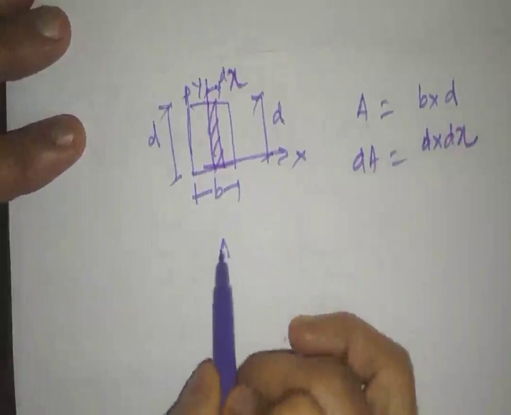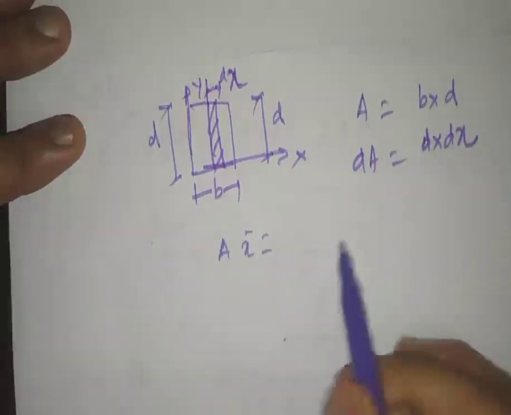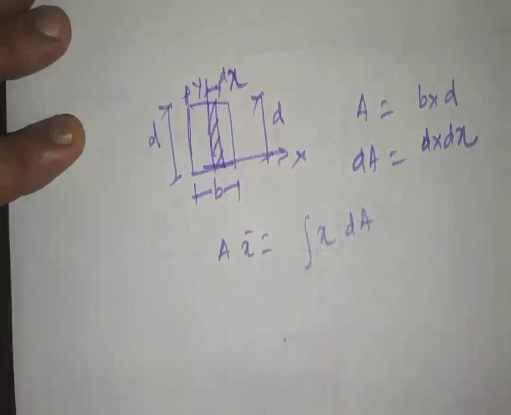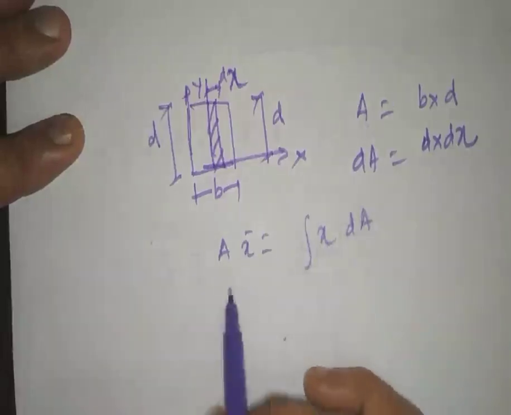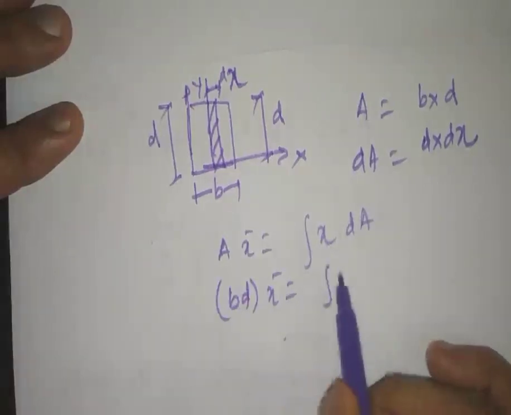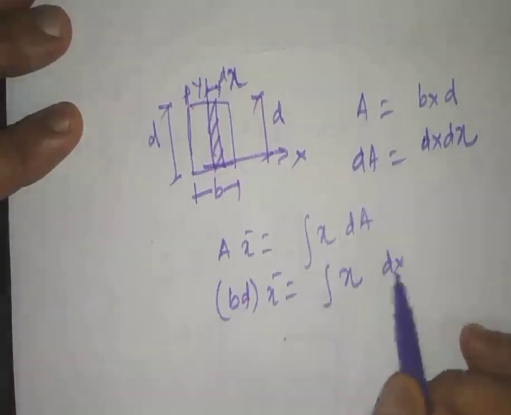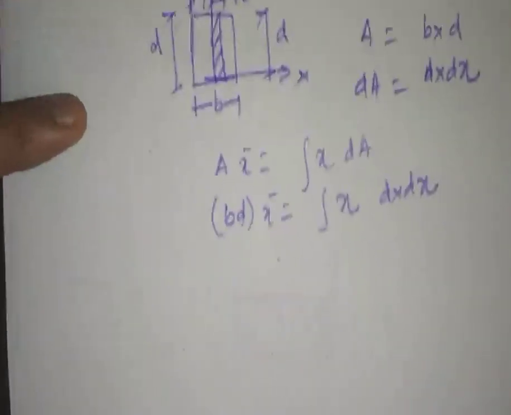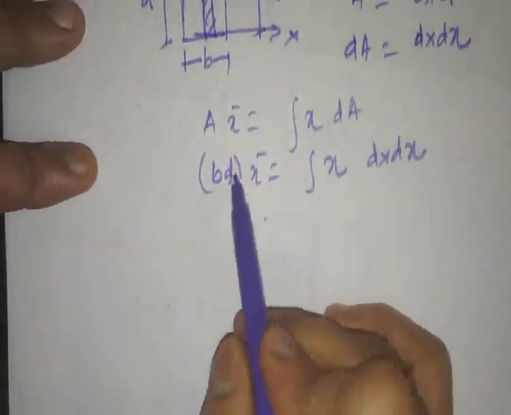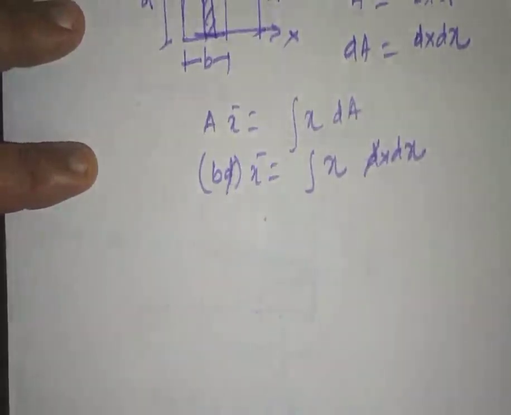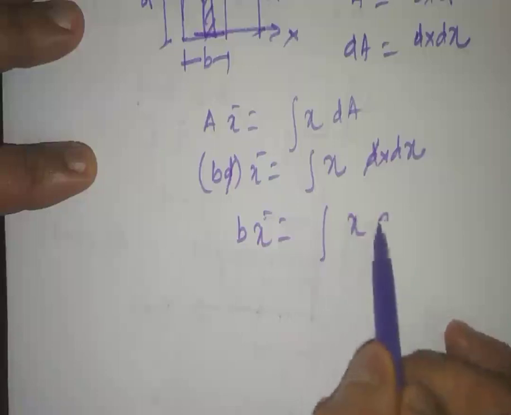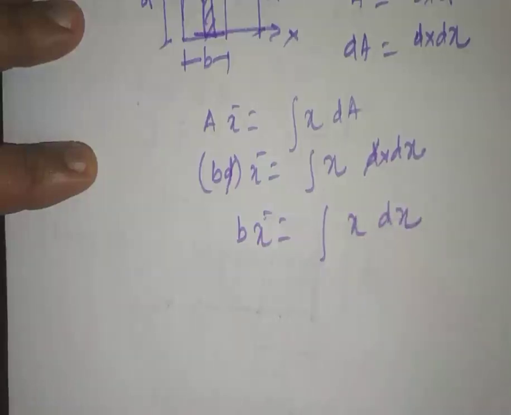So substitute this term: A into x bar is equal to integration x dA. So b into d into x bar is equal to integration x d into dx. Now d and d cancel out here. b into x bar as it is, integration x dx. So x will be integrated here.